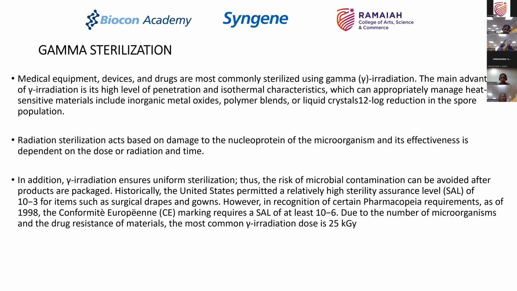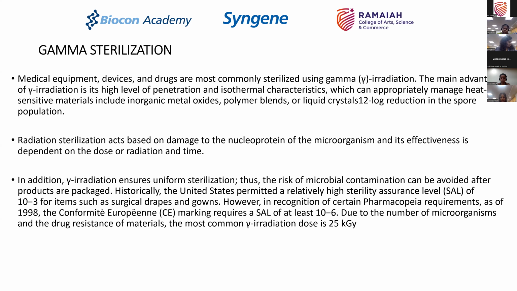So we don't have to worry about using gamma radiation and worry about whether it is uniform or not. It is uniform. We did study during autoclave cycle development about the worst case scenarios. Here also there will be worst case scenarios, worst case loads, but on the other side, what is very important is that it is more uniform as compared to the steam penetration and the other methods.